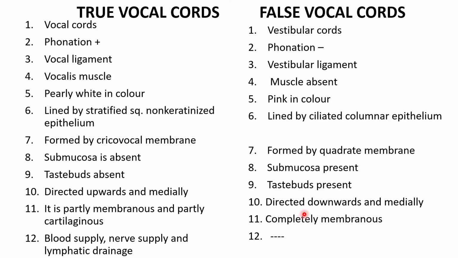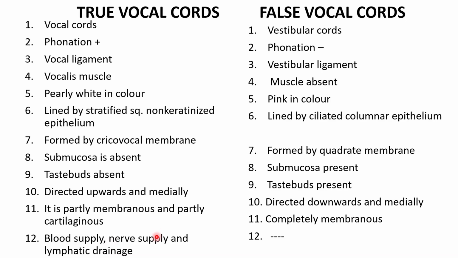And lastly, of course, there is a difference in the nerve supply, the blood supply, and the lymphatic drainage of the two cords. The blood supply of the vocal cord is mainly by the inferior laryngeal artery, which is the branch of the inferior thyroid artery, whereas the blood supply of the vestibular fold or the false vocal cord is mainly by the superior laryngeal artery, which is the branch of the superior thyroid artery.